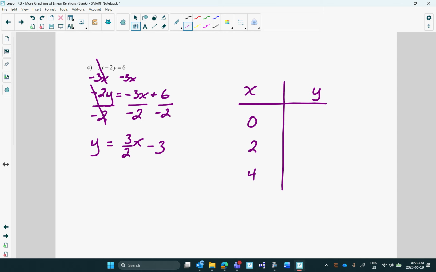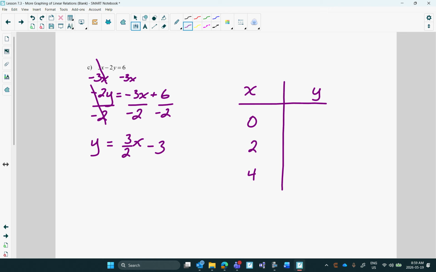If you notice a pattern, whenever there's a fraction here, pick 0, this number, and then the next multiple of 2, which is 4. So 0, 2, 4. If it was 3 on the bottom, I'd go 0, 3, 6. If it was 5 on the bottom, what would I do? 0, 5, 10. Right.